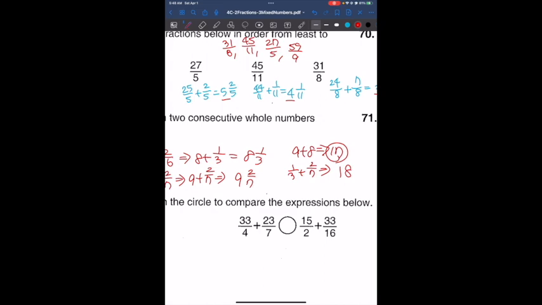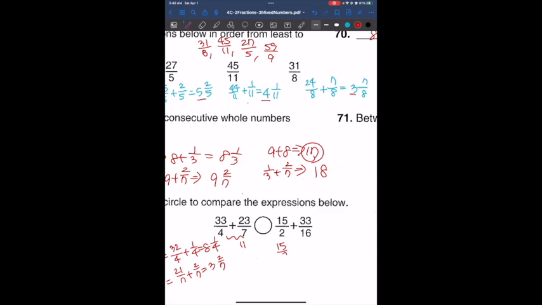So 33/4 can be written as 32/4 plus 1/4. So that's going to be 8 1/4. 23/7 can be written as 21/7 plus 2/7. So that's going to be 3 2/7. So just by looking at the whole number, it's going to be around 11.